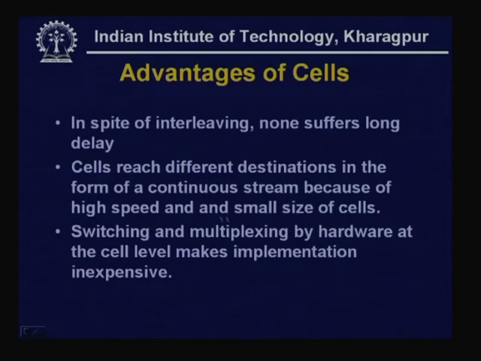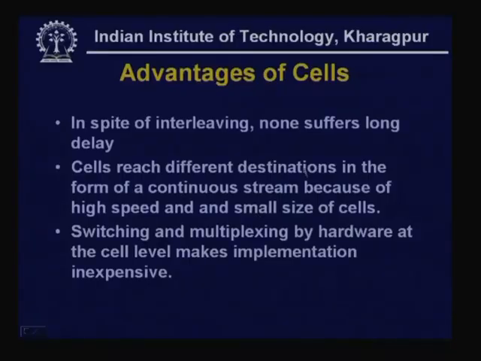That means the data frames or video frames coming from different sources will reach the destination as a continuous stream of cells with much less delay, and as a consequence it will be possible to support this kind of real time traffic. Switching and multiplexing by hardware at the cell level makes implementation inexpensive and faster.